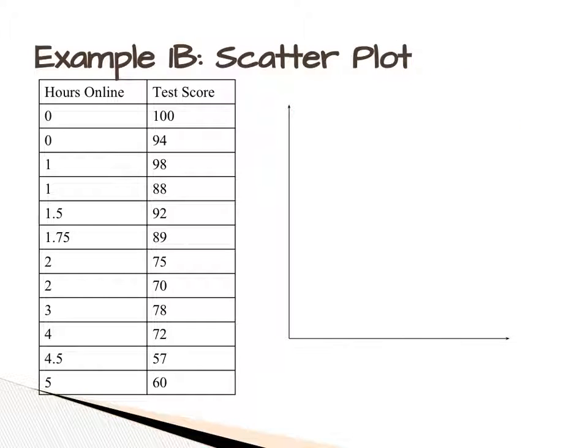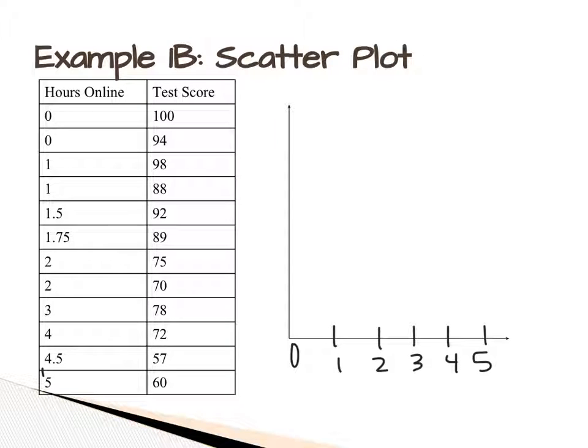Okay, again we have data in our table and it asks us how would you describe the correlation. So we're going to graph these points on this graph. All the points are positive, so we're only going to have the first quadrant graph, which is the top right-hand quadrant. And then we go from 0 to 5, so we're going to go 0, of course, first. 1, 2, 3, 4, 5.